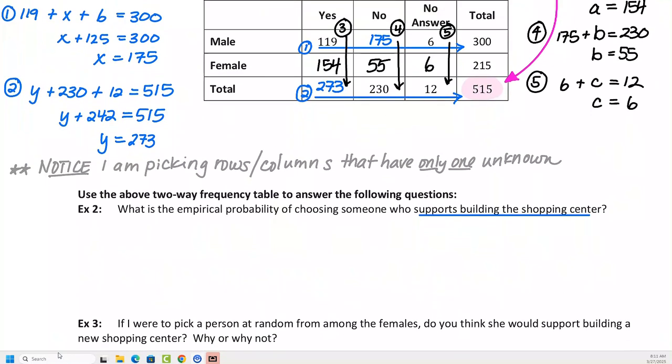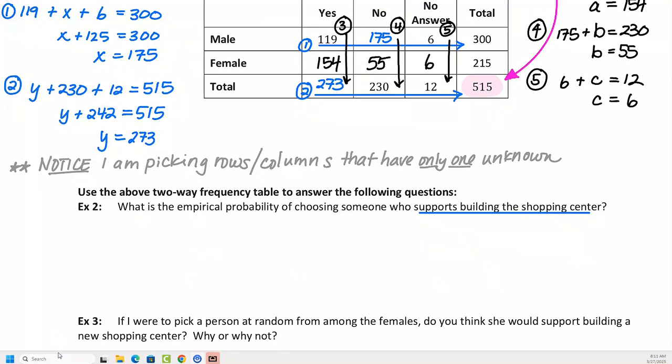So I'm going to come down here, and I'll just go ahead and write over here, probability of someone supports building, right?